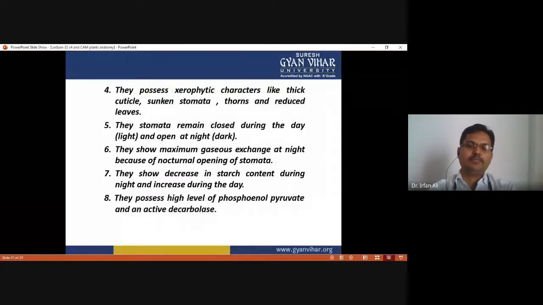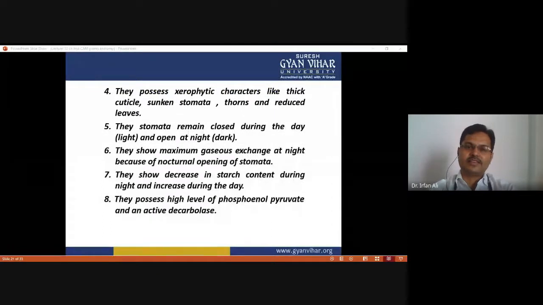They possess xerophytic characters like a thick cuticle to prevent water loss, sunken stomata to prevent water loss, and thorns and reduced leaves to prevent transpiration. The stomata remain closed during the daytime when light and high temperature are there, and open at night time or dark time when the temperature is low.